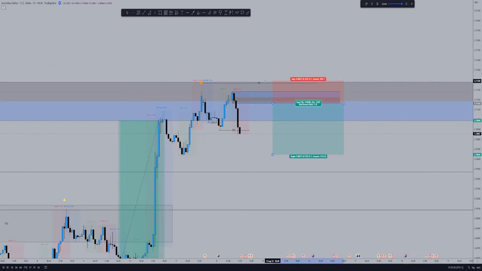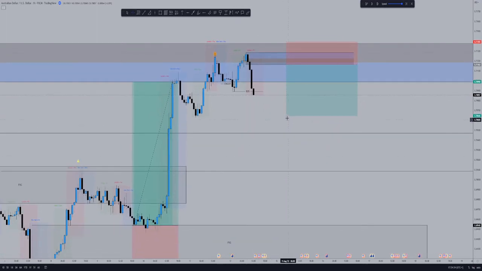My stop loss would be just here above the actual full supply. So that would be our sell point, and then our target would be the imbalance open.